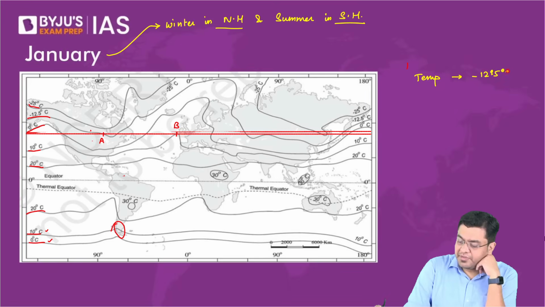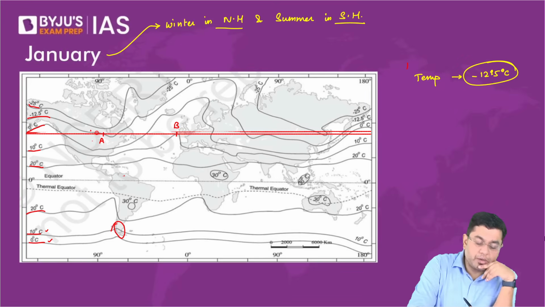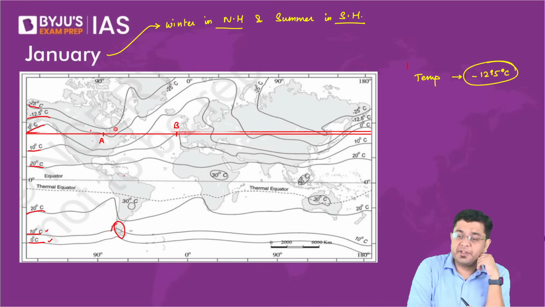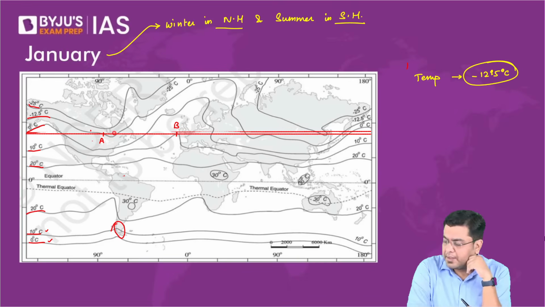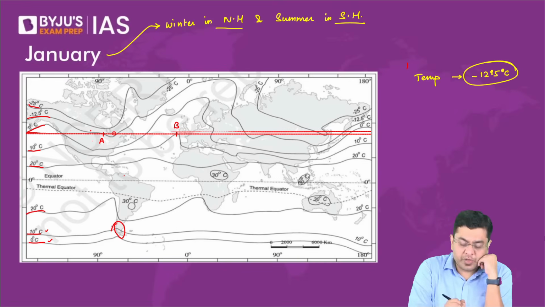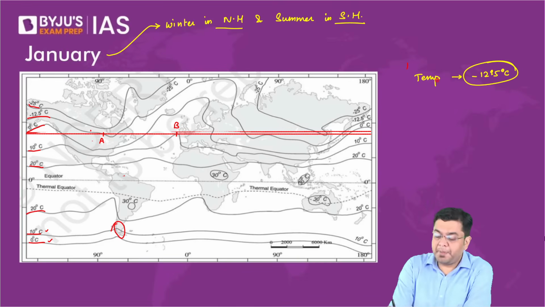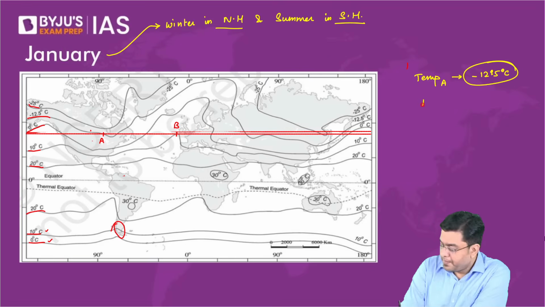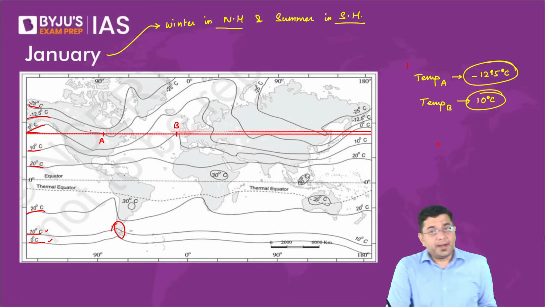Because it is lying on the isotherm, or the minus 12.5 degrees Celsius isotherm is passing through that. So the temperature will be minus 12.5. What about the temperature at B? It is 10 degrees Celsius, isn't it?